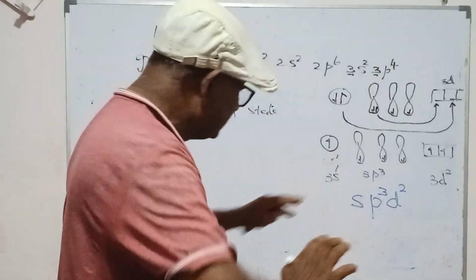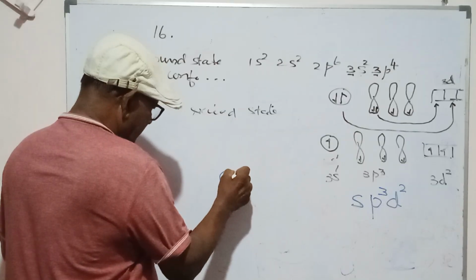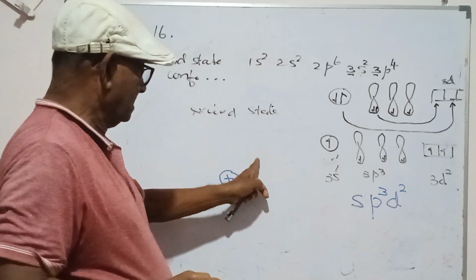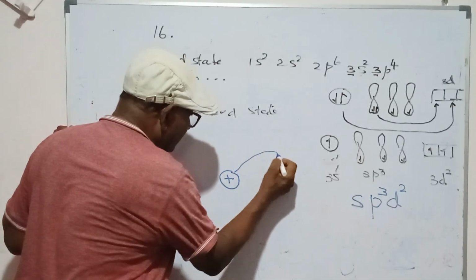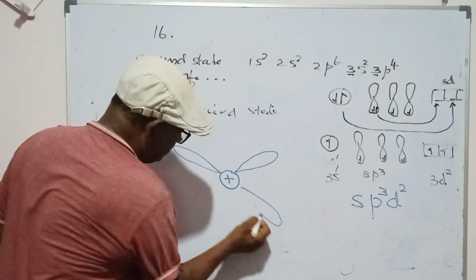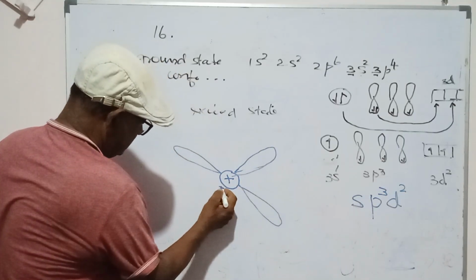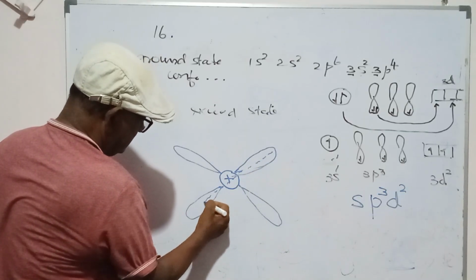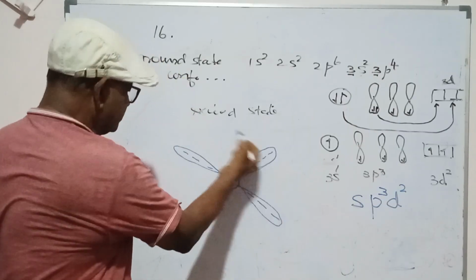After the hybridization, there is the sulfur nucleus. Out of the 6 orbitals, 4 are arranged like this, giving a square shape, a planar square.